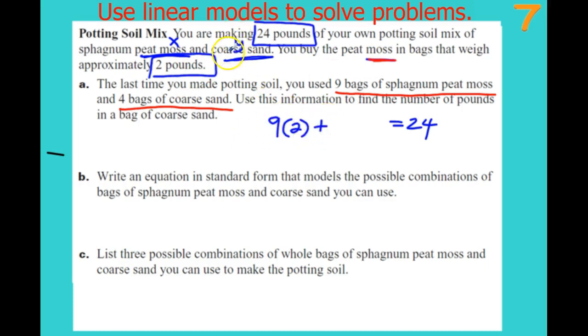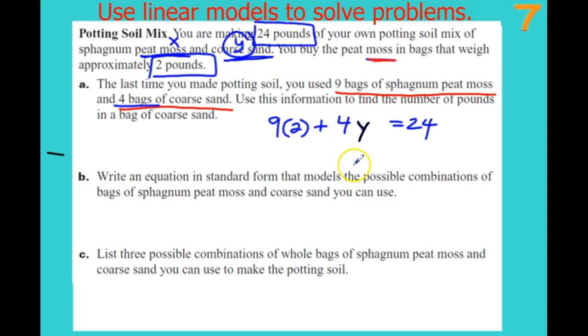Plus the coarse sand, and we bought 4 bags of coarse sand that each weighed, we don't know. We don't know how much the sand weighs out, so we're trying to figure out. So I'm going to use the letter Y to represent the number of pounds that are going to be in the coarse sand bags.